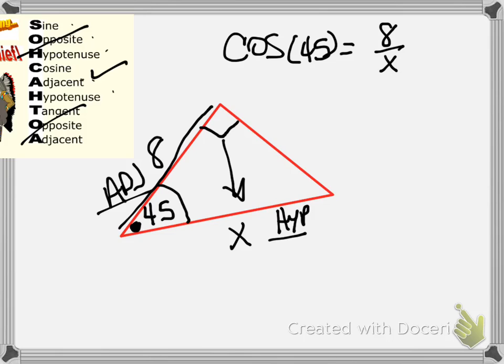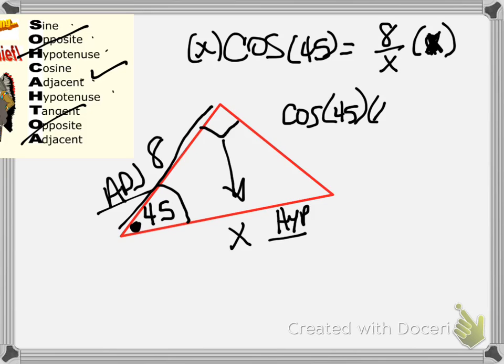But this one's a little different than our last ones. X is now a denominator. So how do we get it to the other side? It's dividing by 8, so we multiply by x. Multiply x to both sides. So now we have cosine of 45 times x is equal to 8.